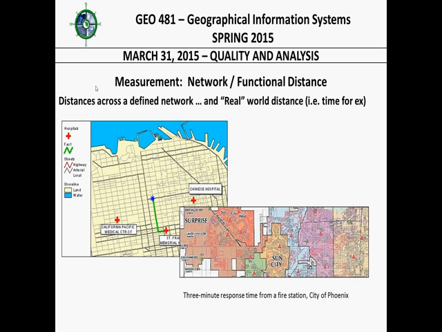I'd have to look. So the biggest difference at this point to consider between this and Euclidean distance is that network distance takes into account distance over a network. And a similar example here, this is a map from Arizona showing the areas that are estimated to be accessible within 3 minutes from a fire station.